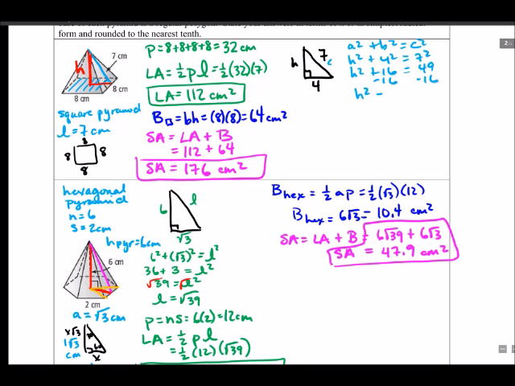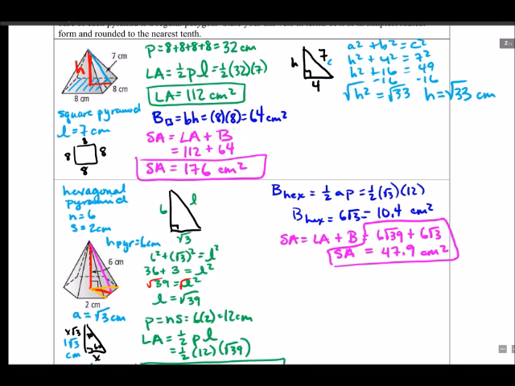H squared equals 33. Then we square root both sides, so we know the height of our pyramid is the square root of 33 centimeters.